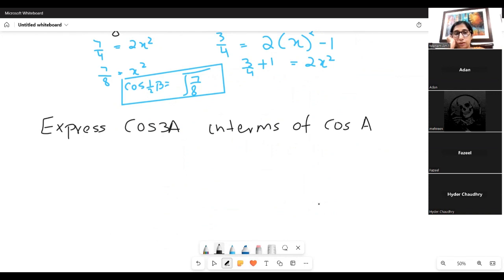Compound angles. Yes, we'll use compound angles. Instead of cos 3A, we can write cos (A plus 2A). Right? Also, we know a method of expanding this. Cos (A plus 2A) will be equal to, let me just quickly cut paste that from the formula sheet as well.